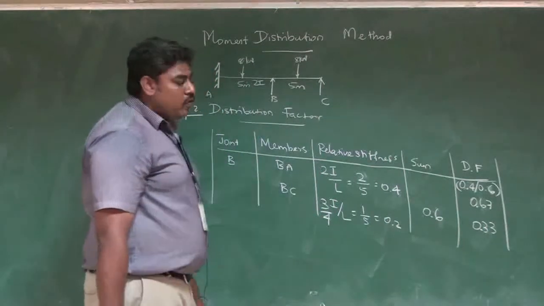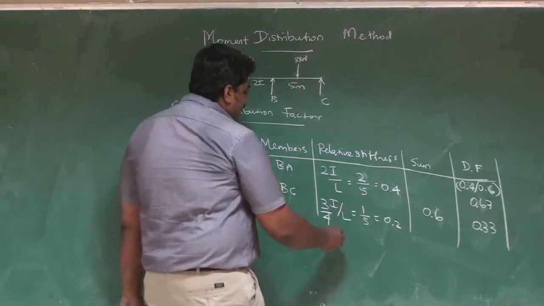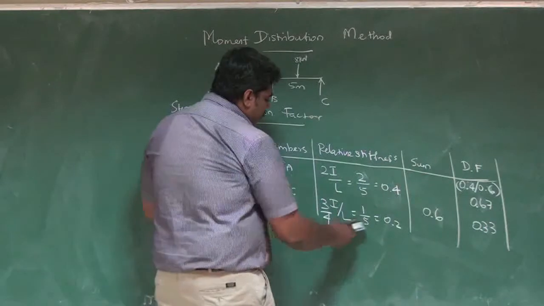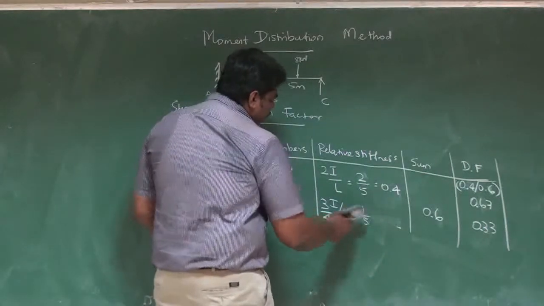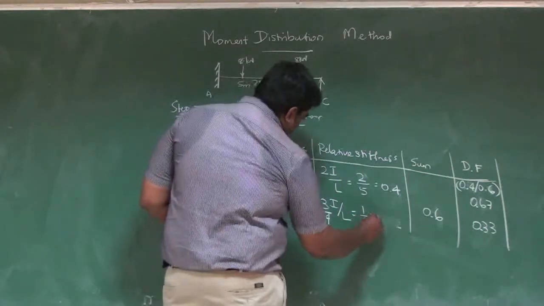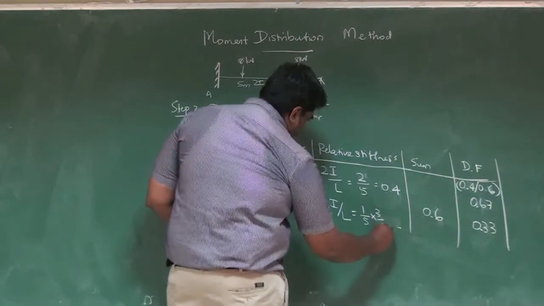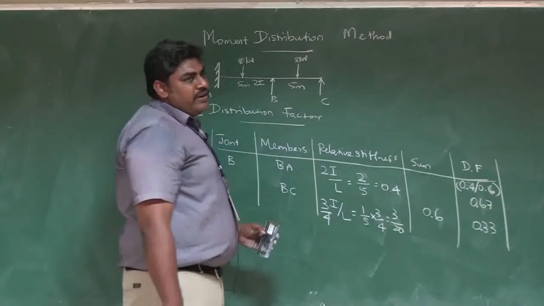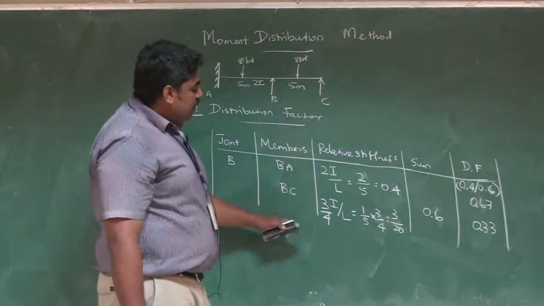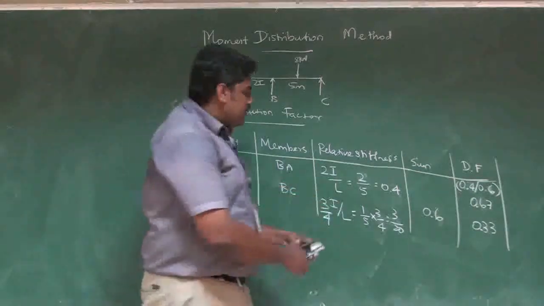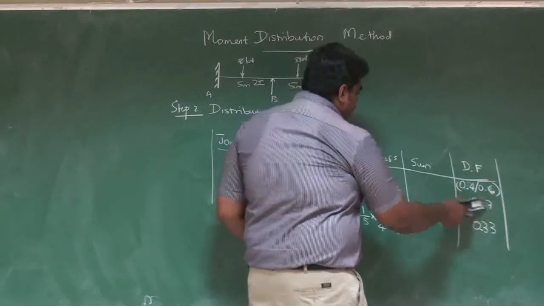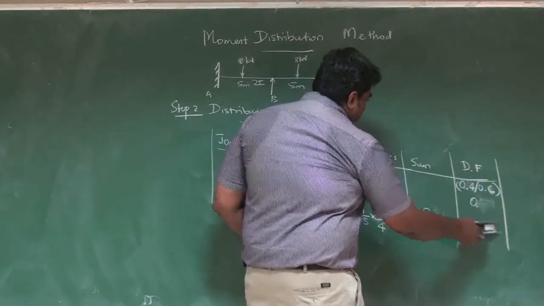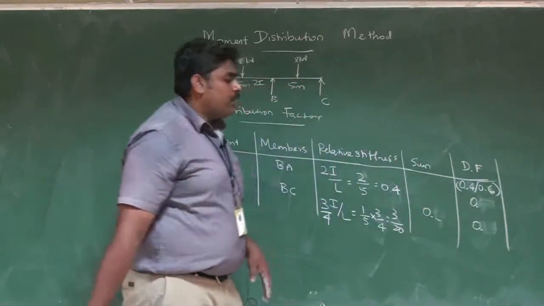Right, 3 by 4 I by L, and in turn it will change this particular value, right, into 3 divided by 4 it will come, which will be 3 by 20, right? So the value gets altered here. So this particular sum is going to get affected. In turn, this will affect the relative stiffness and distribution factor of the member, right?